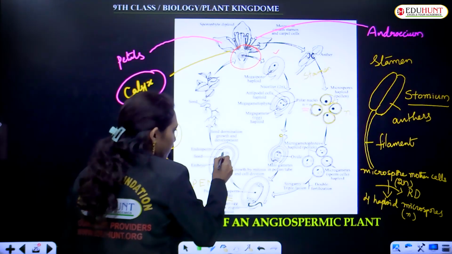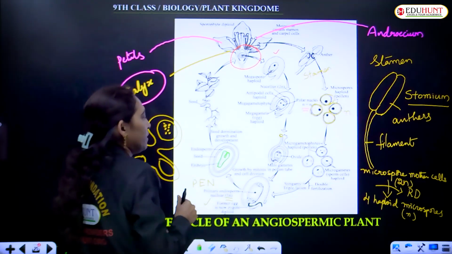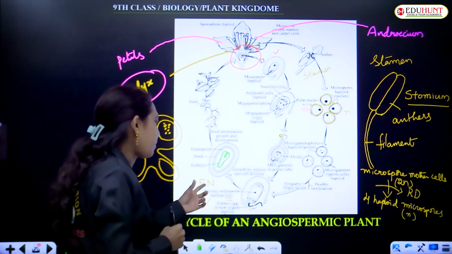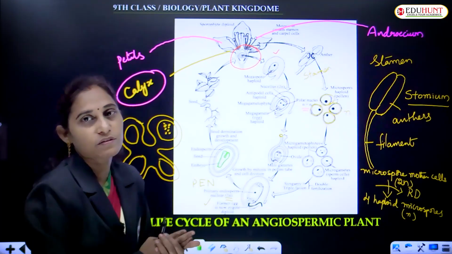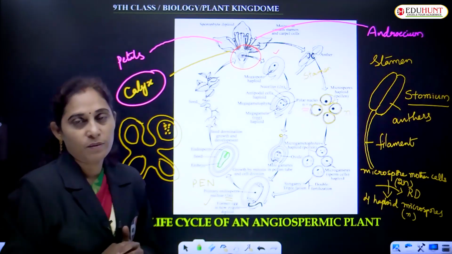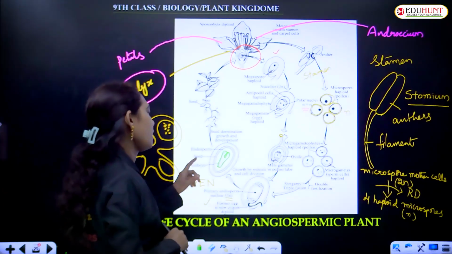This is the embryo. The seed consists of the embryo, and surrounding the embryo, the primary endosperm nucleus undergoes division and forms the endosperm, which is a nourishing tissue, an embryo nourishing tissue.